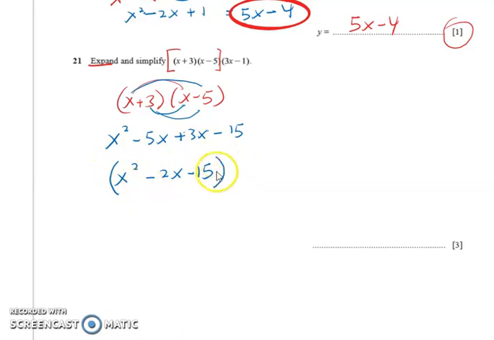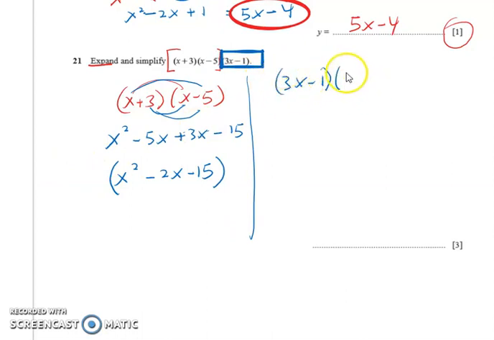Okay, put a bracket, and we have another one to multiply with, so we do it here. So x square minus 2x minus 15.